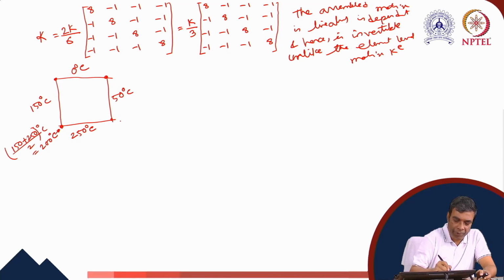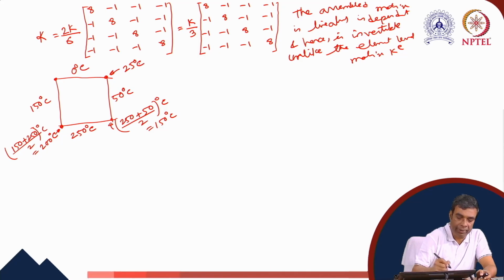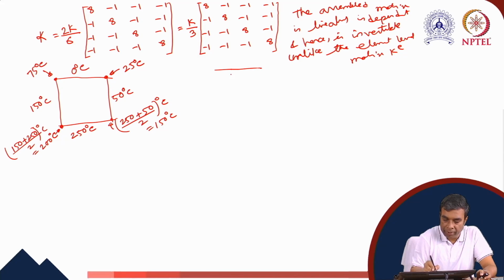Similarly, here we can take the temperature as 250 plus 50 by 2 degrees centigrade. So this is 150 degrees centigrade at the bottom right corner. At the top right corner, the temperature will be 25 degrees centigrade, and at the top left corner, it will be 75 degrees centigrade. Now, in the mesh, we have the equation numbers again.